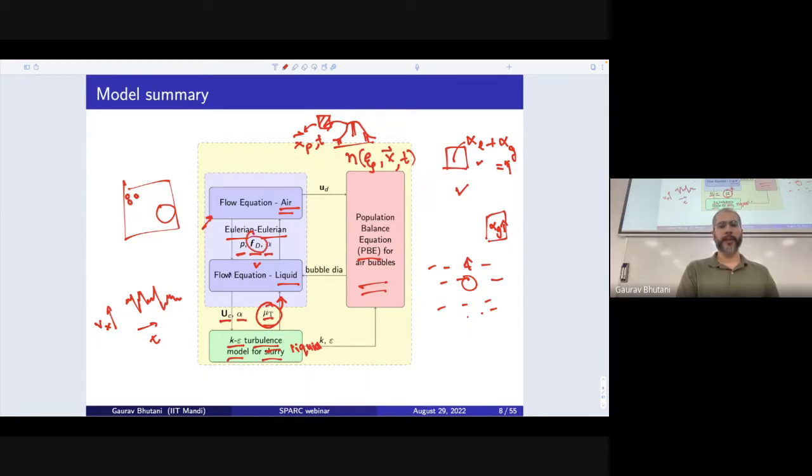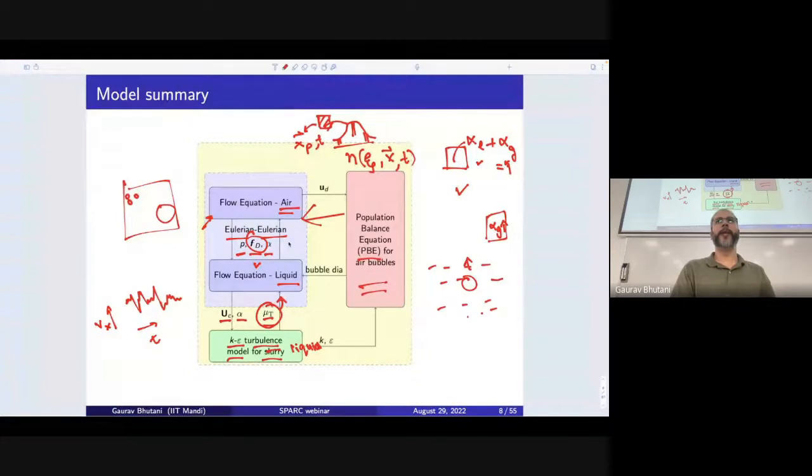The drag force depends on bubble size. Larger bubbles will tend to apply a larger drag force as compared to smaller bubbles. So that information about the bubble size is there in the drag force model. This population balance model will feed the bubble size to these flow models, and they will be able to better calculate the drag forces. Okay.